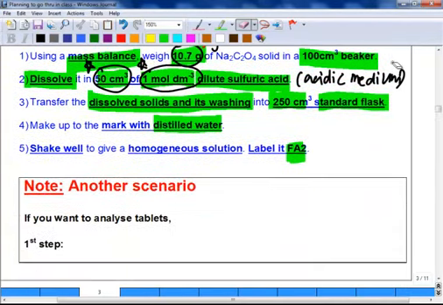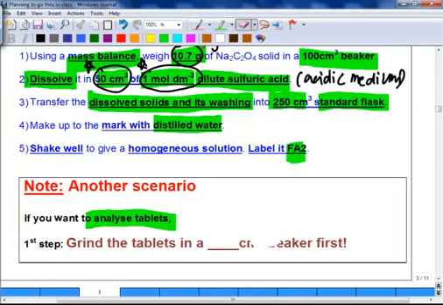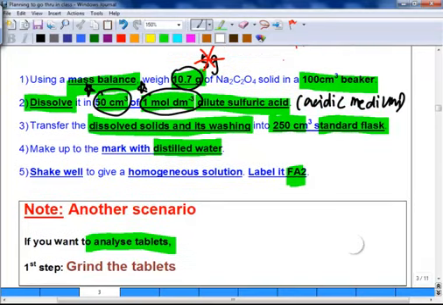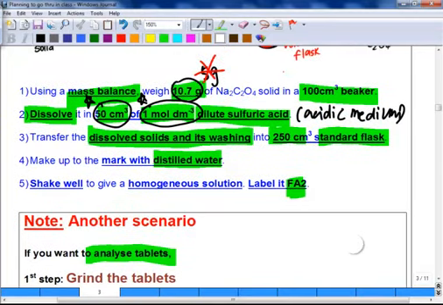Another scenario. If you want to analyze some tablets, what would you do to the tablets first? Crush, correct. Crush the tablets first. Grind the tablets.